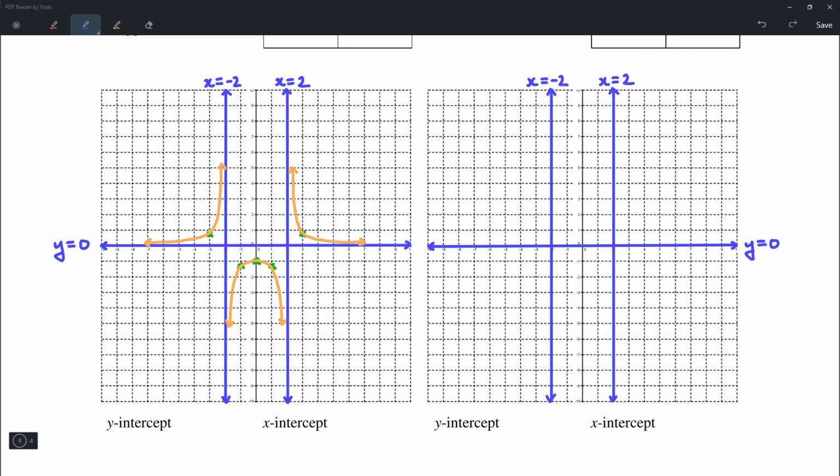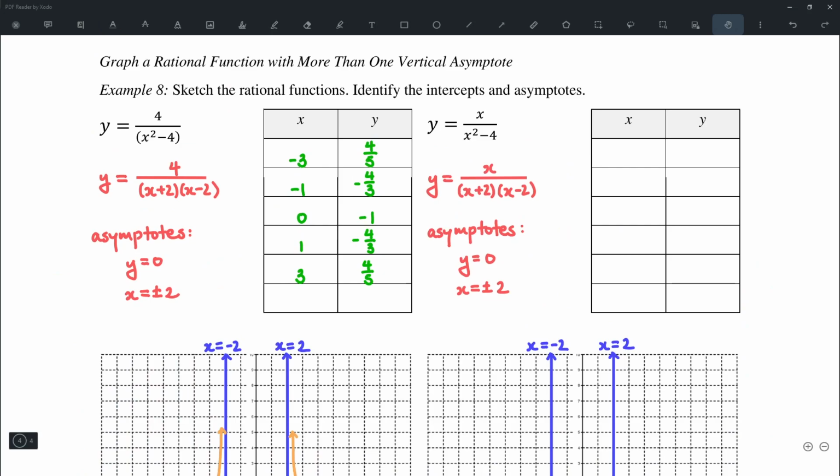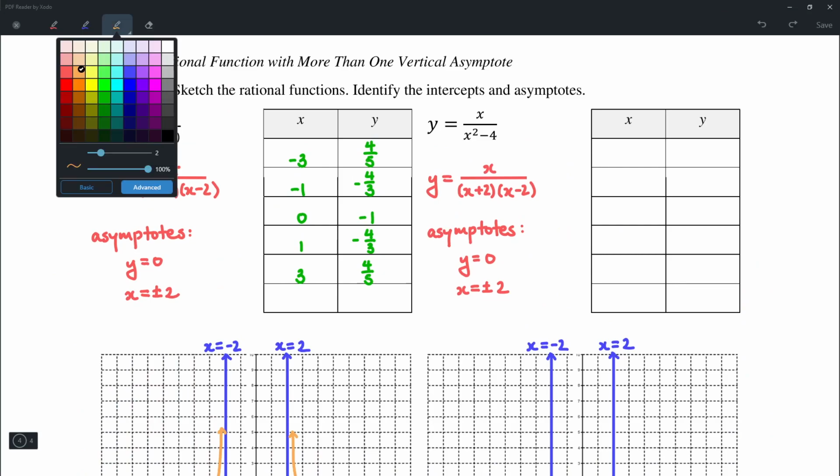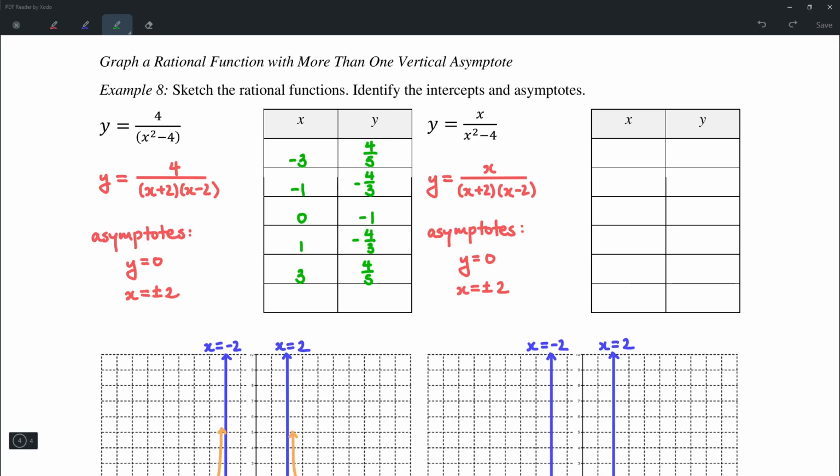And just as before, we're going to find additional points using a table of values. So -3, -1, 0, 1, and 3 for the values close to the vertical asymptote on either side.